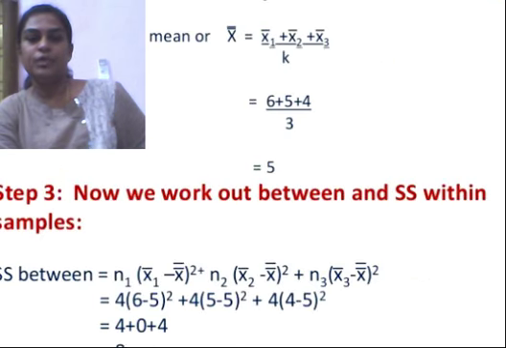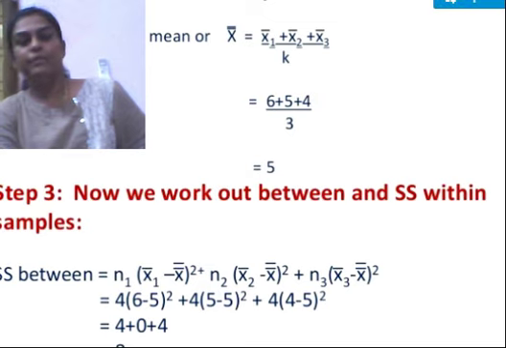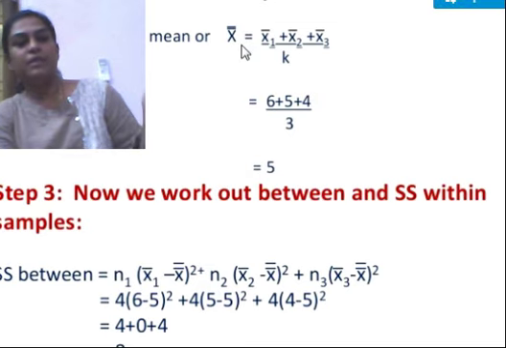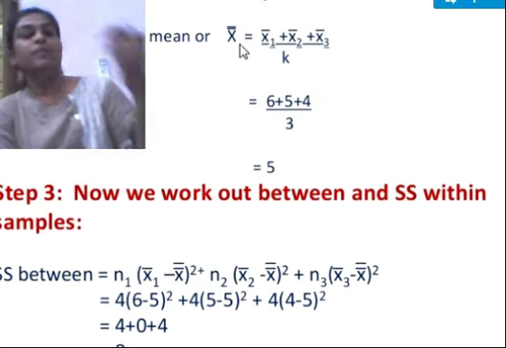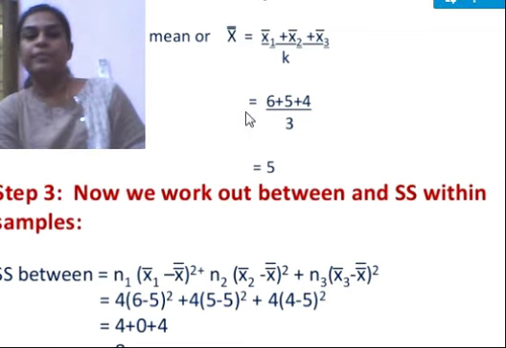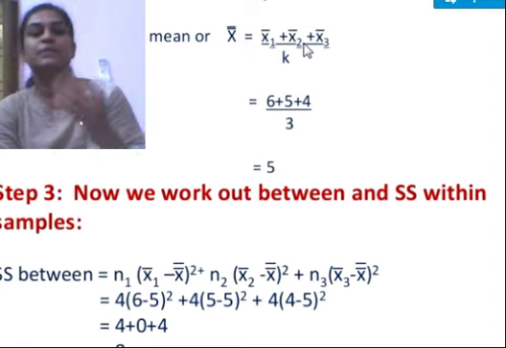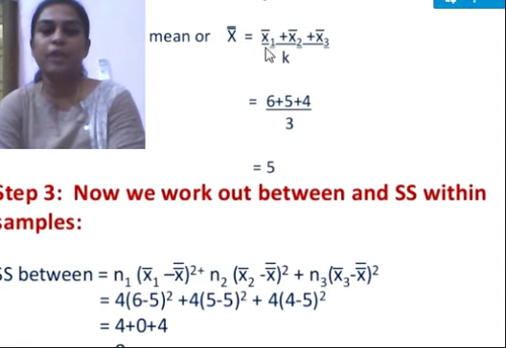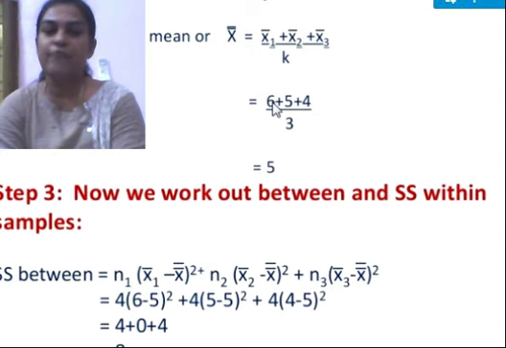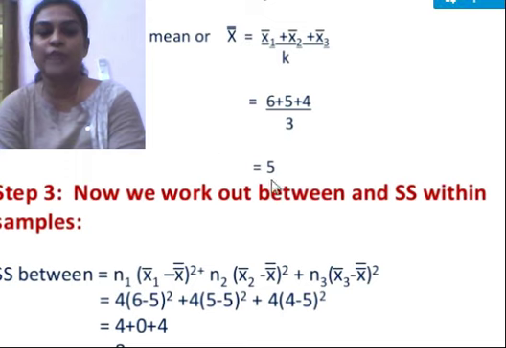Then find the mean of the sample means, which is x1 bar plus x2 bar plus x3 bar divided by k. The mean values of x1, x2, x3 are 6, 5, 4 divided by 3. The total value is 5.